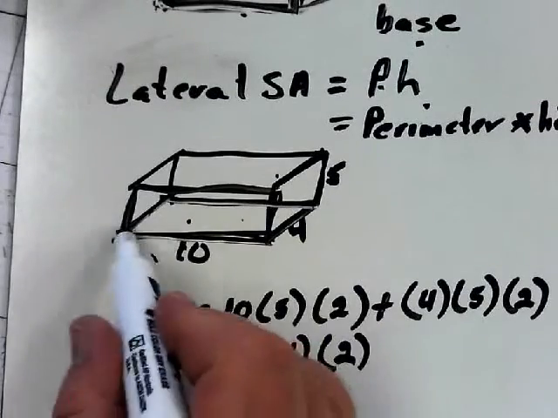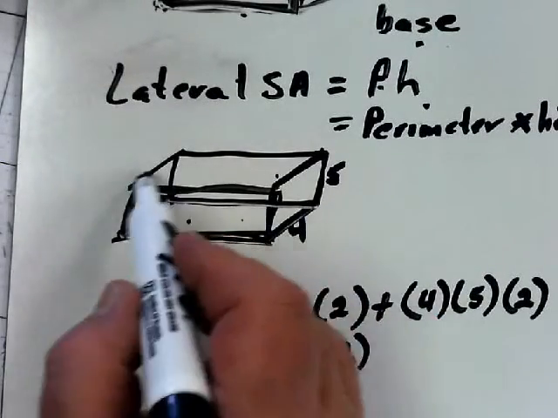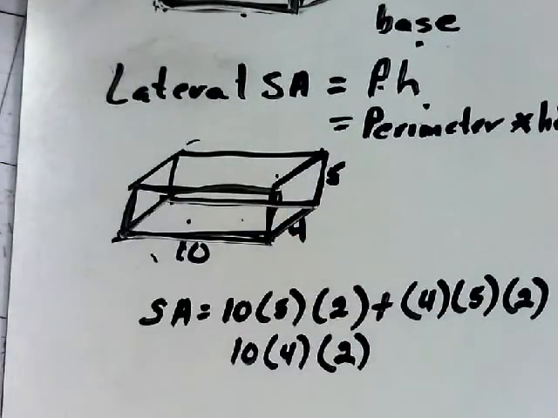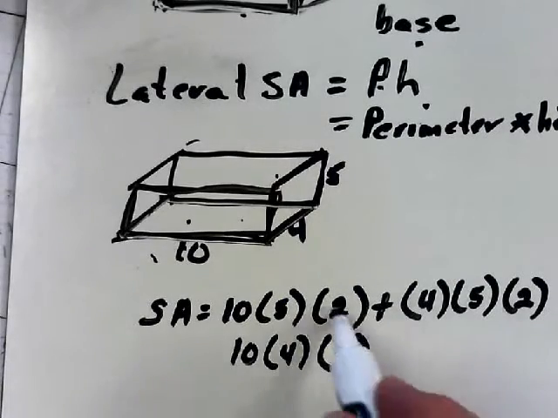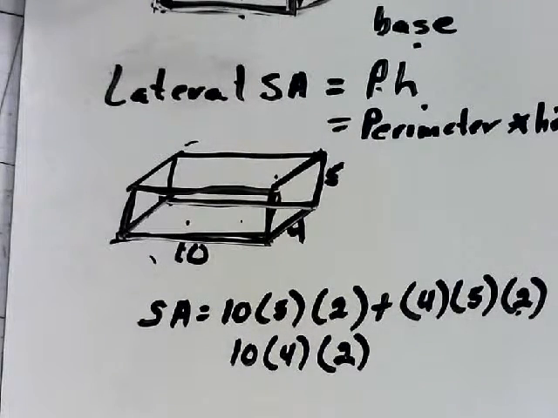Because don't you have one down here and one up here that are exactly the same? Okay. That's why I'm doing 2 of them. If you look at a normal box, like the Kleenex box that's up at the front, or over here at the side, don't you have 2 matching of everything? Yep. That's why I had to multiply each one of those by 2.